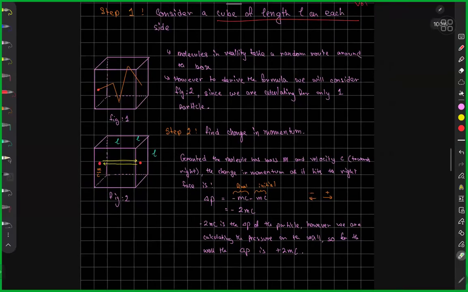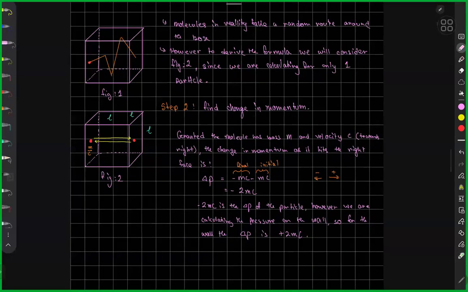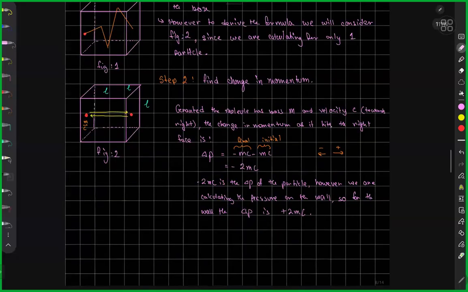Great. What is step two? Step two, we want to find the change in momentum. Let's define rightwards as positive, leftwards as negative.